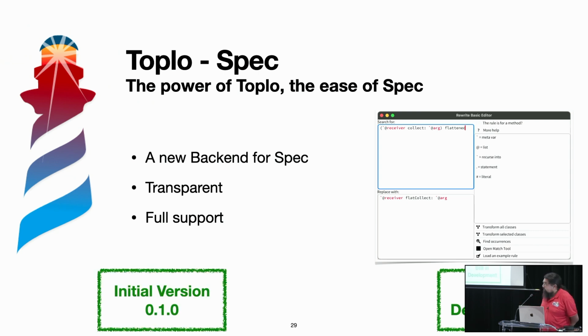We have an initial version, which is 0.10. There are a lot of presenters and widgets already adapted and working, but we are still in development because we need to fulfill the whole list of widgets that we have.